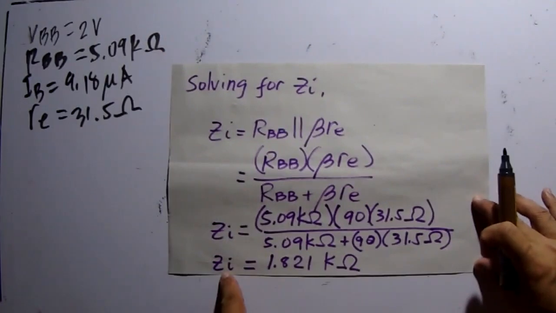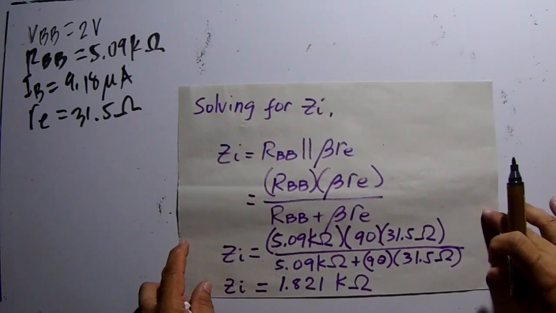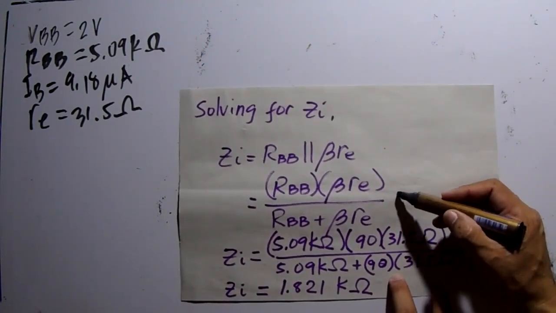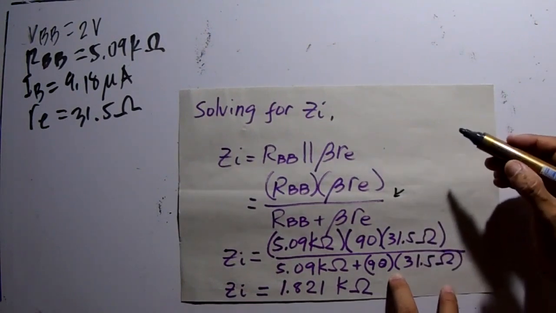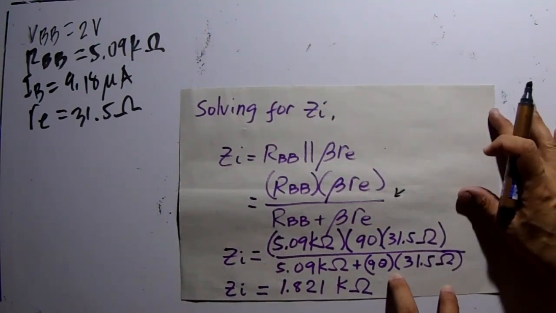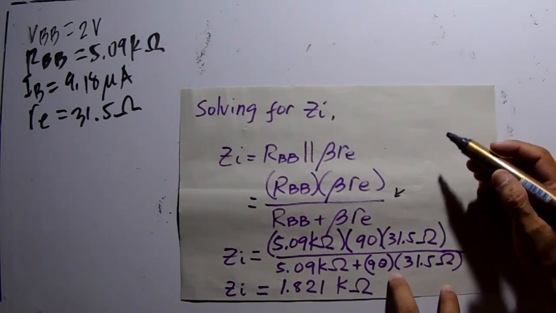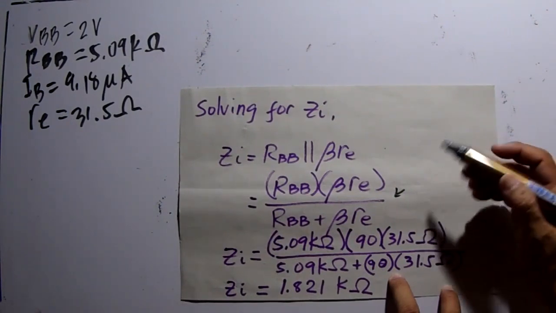We can get ZI, or the input impedance, to be equal to 1.821 kilo ohms. Now this formula came from our parallel resistance formula, product over sum.